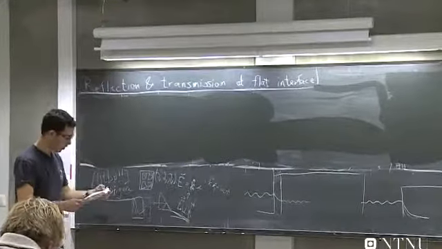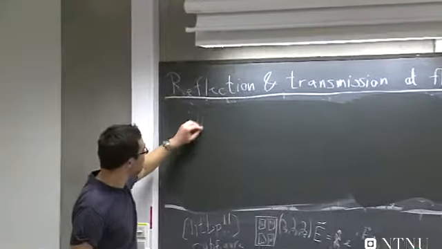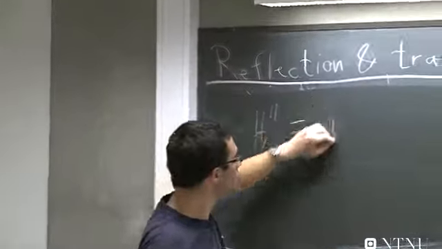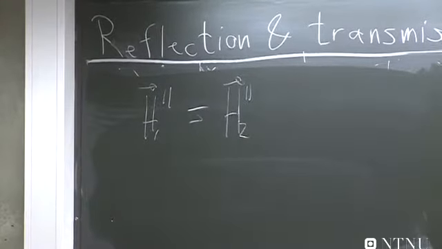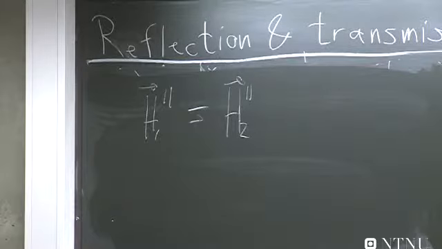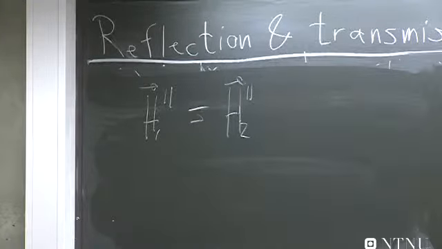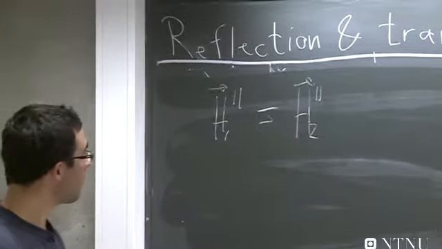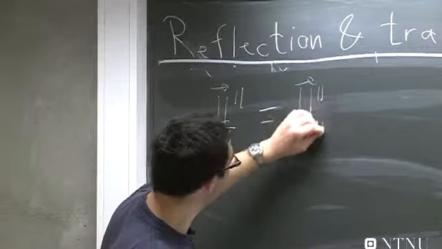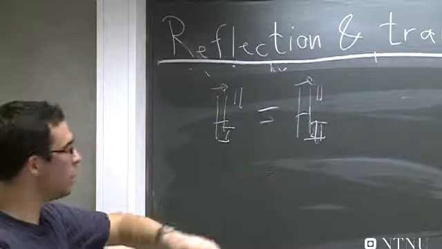Let's see. We also have that H1 parallel should be equal to H2 parallel, in domain 1 and domain 2, at x3 equal to 0.